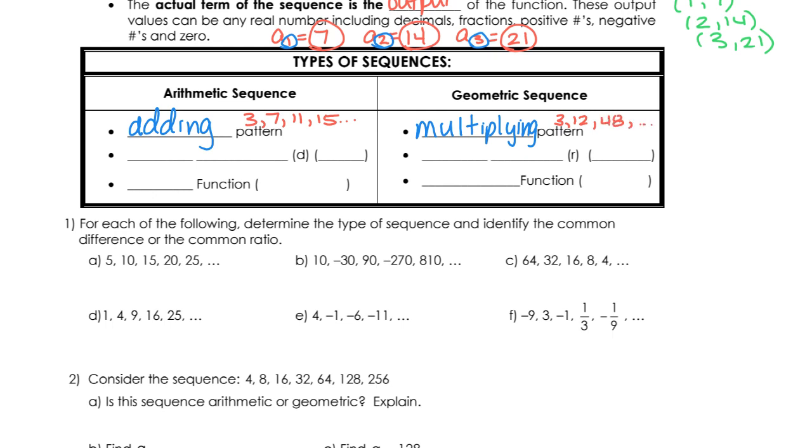You're going to see that geometric sequences grow faster, and because they grow faster, they are exponential. They call the multiplier an r value.